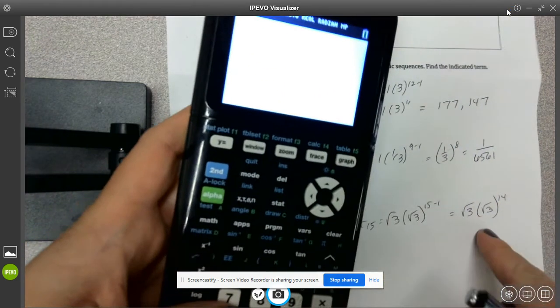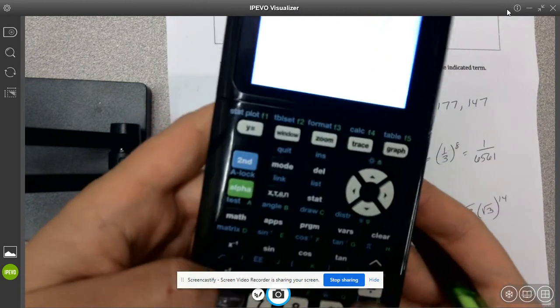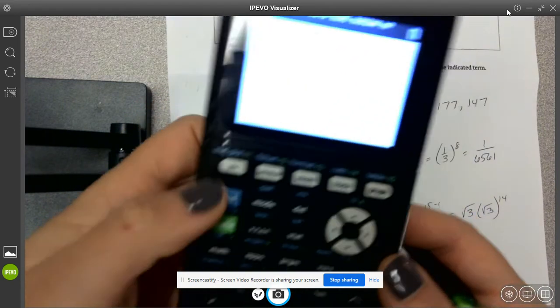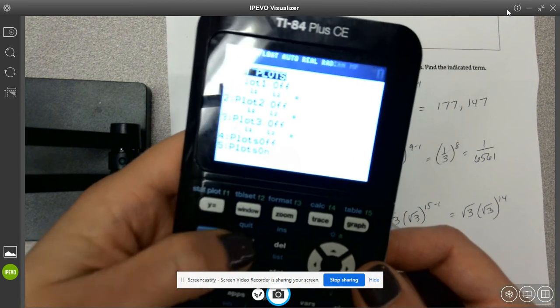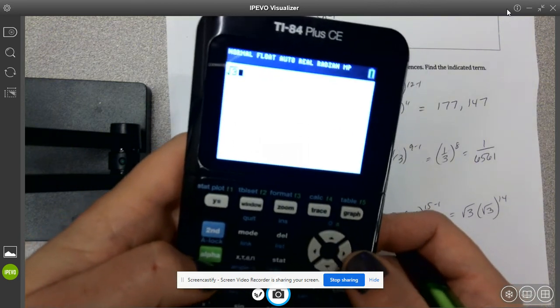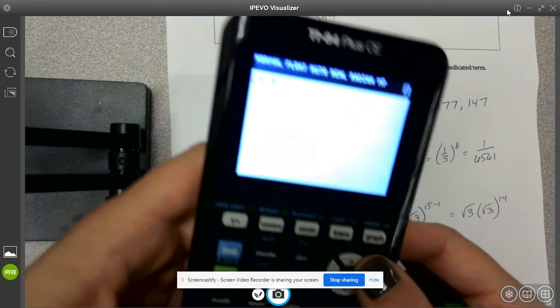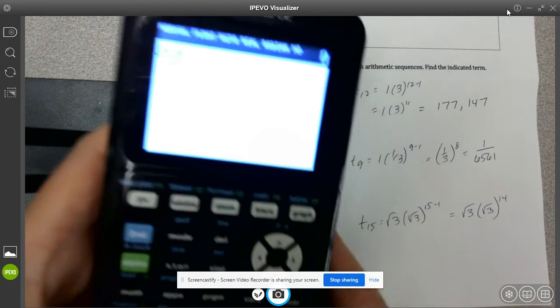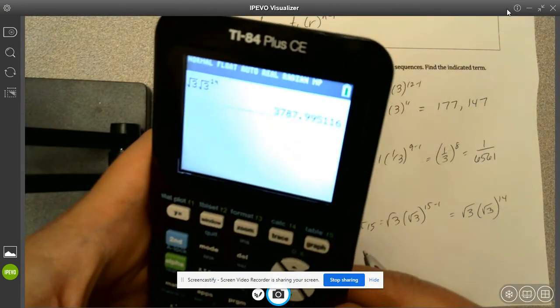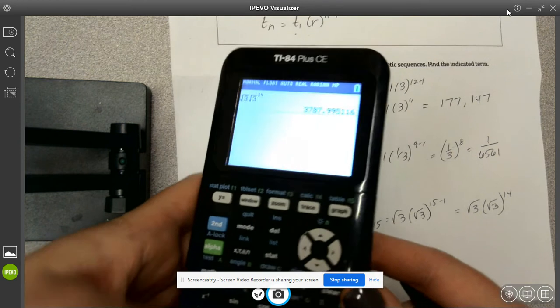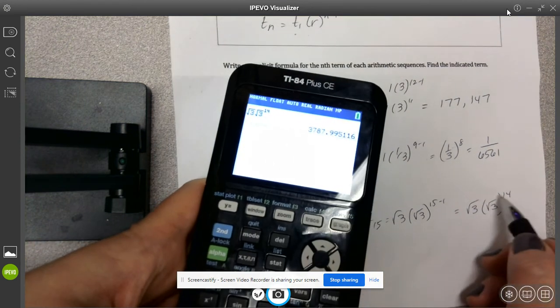Okay, if I do square root of 3 times square root of 3, oopsies, I get this. I don't want a decimal rounded. So here's the thing. It's because it's to the 15th power in a sense.